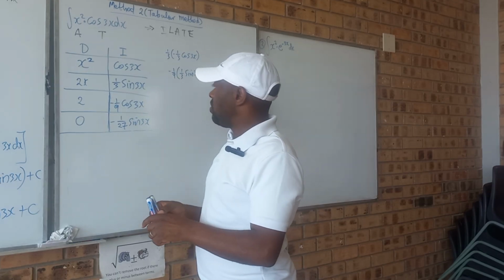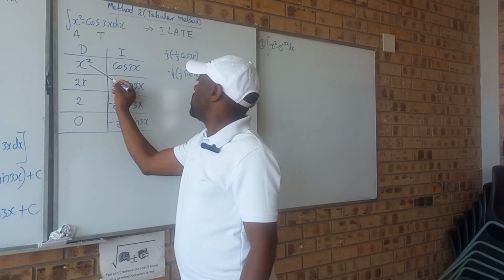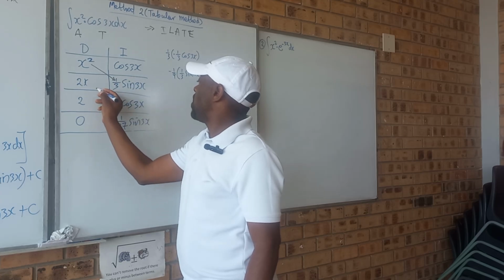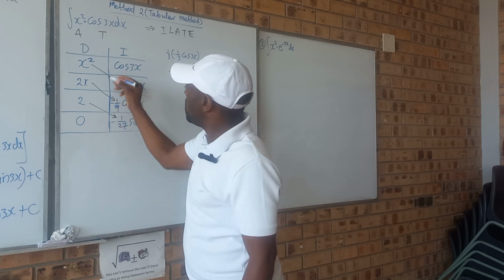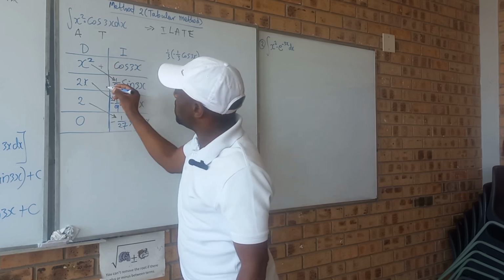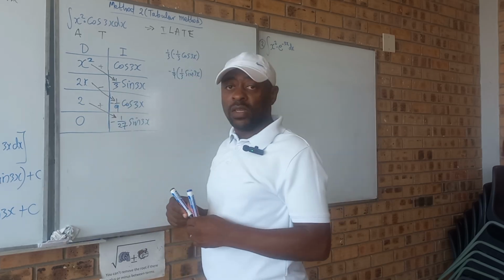Then for me to say I'm done, I need to link them, the items that are right for my answer. So you link them like that and like this. The first arrow must always carry a positive sign, the second is a negative sign, the third is a positive sign.